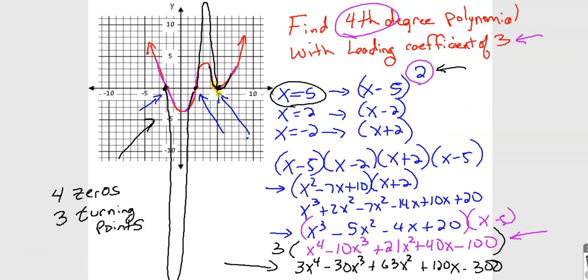Notice on the previous problem, this happened just once, this happened just once. Well, this one happened twice because I have it repeated. But the x minus 2 and the x plus 2 just crossed one time. So at -2, it went through the zero. At +2, it went through the zero. Again, if it's an even amount, then it bounces.